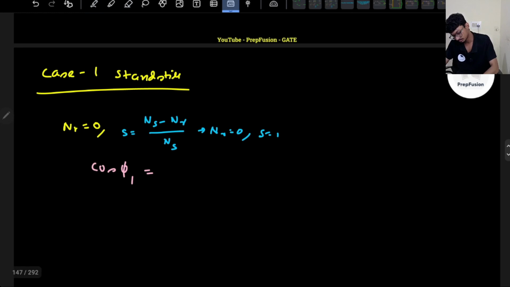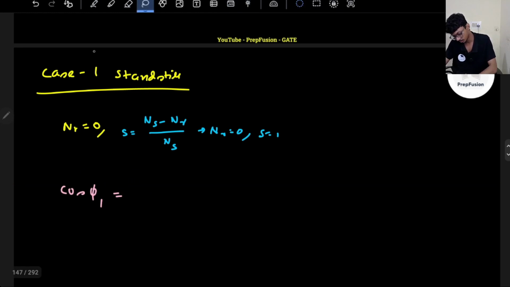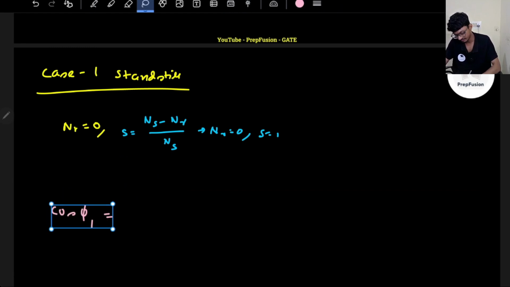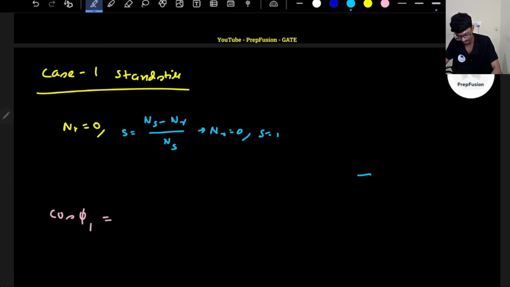So how do I find out the power factor? Cos phi is the power factor. How do I find out the angle? Phi 1 angle will be what? It is basically an inductive circuit, so it is X2S and R2.